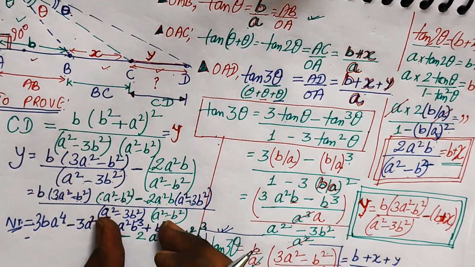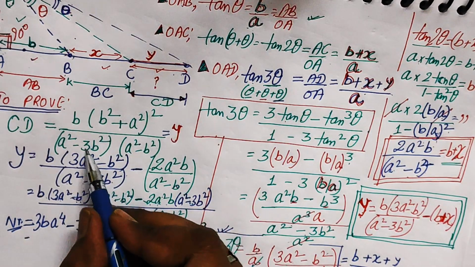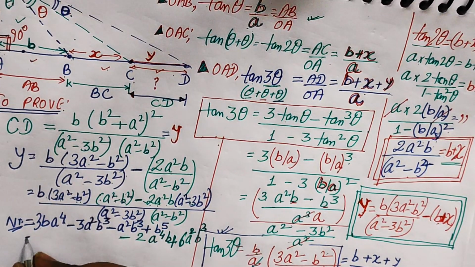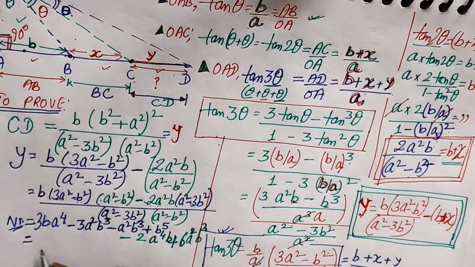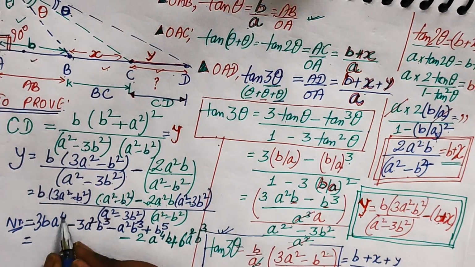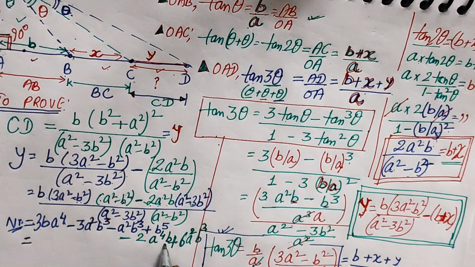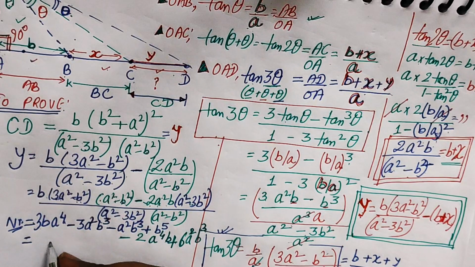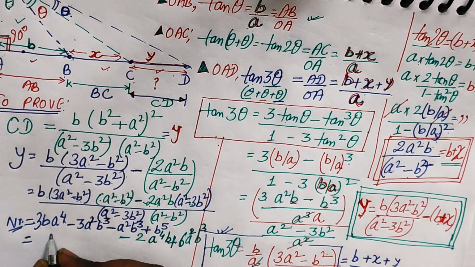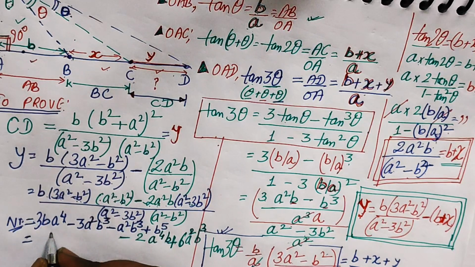We are not disturbing the denominator because the denominator is matching with the requirement of what we need to prove. So in the numerator we have 3b a power 4 minus 2b a power 4. This will give you b into a power 4, right?